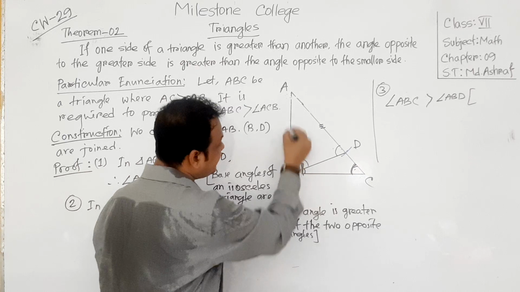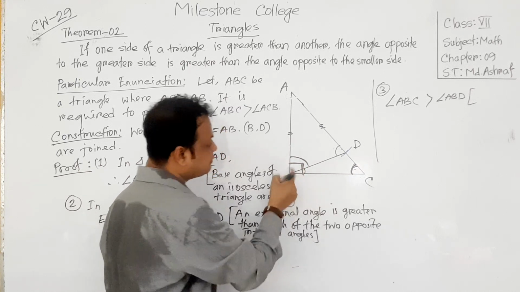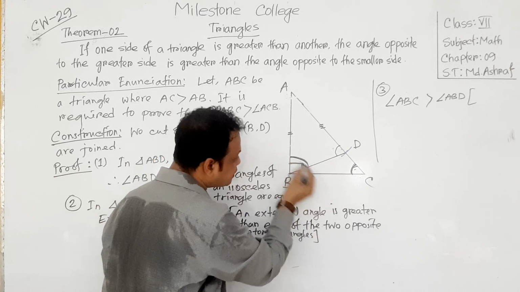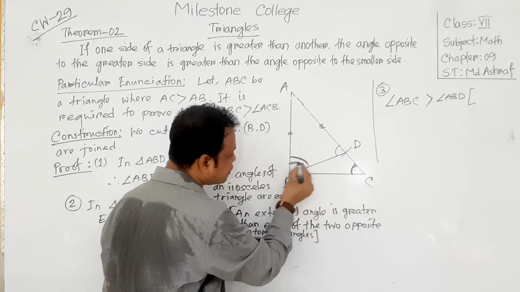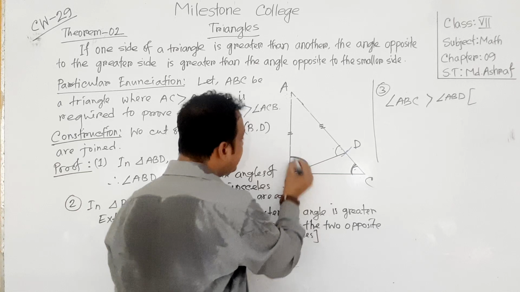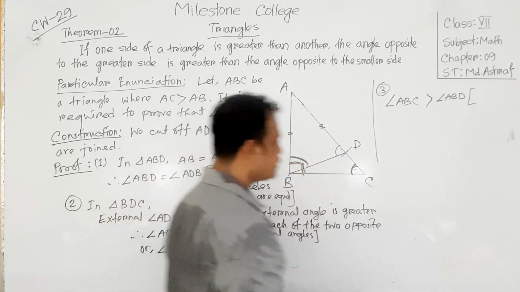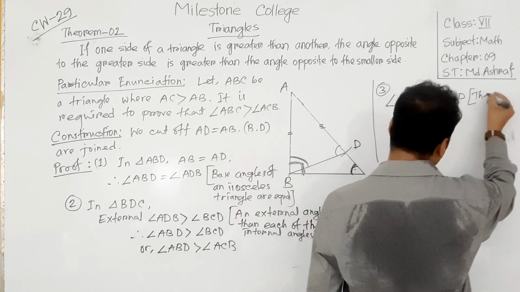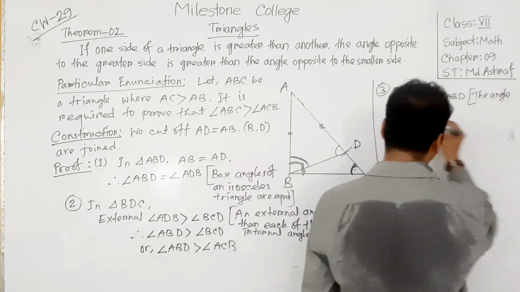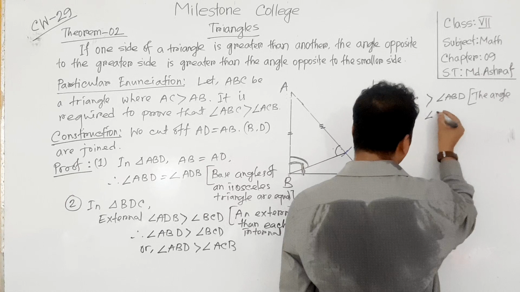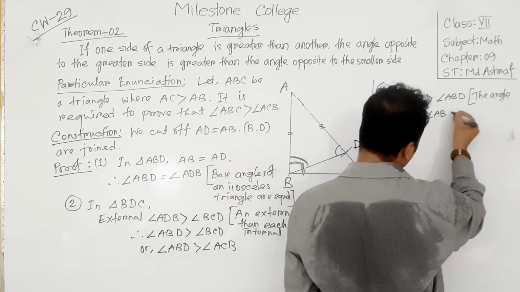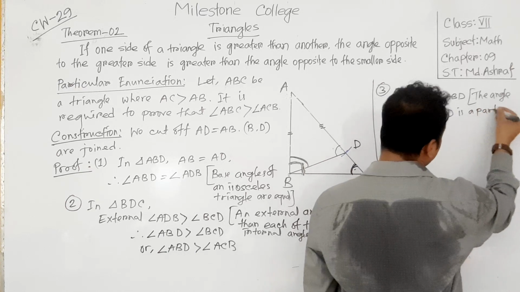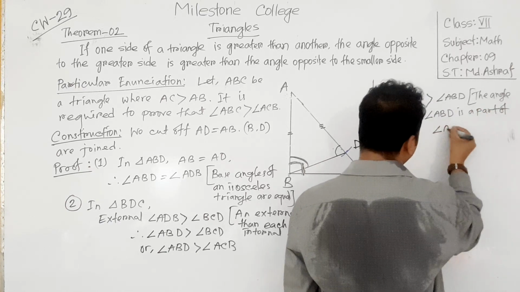So angle ABD is a part of angle ABC, and angle ABC is greater than angle ABD. We can write that angle ABD is a part of angle ABC.